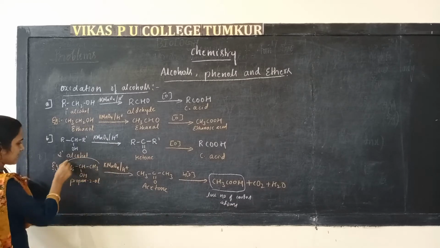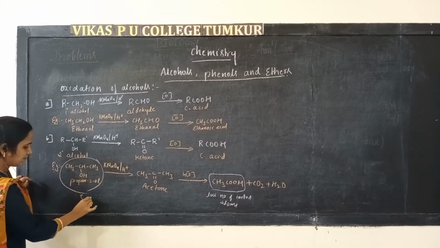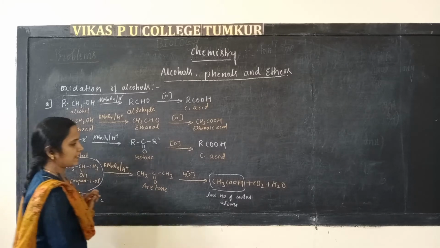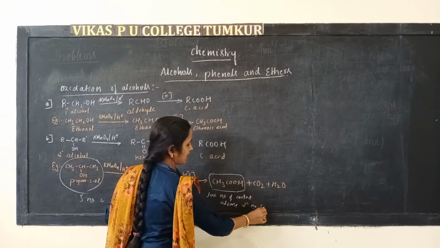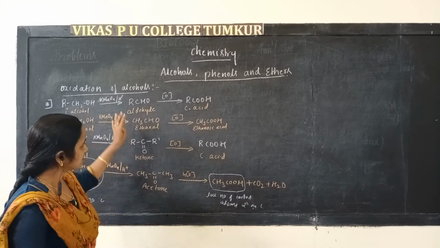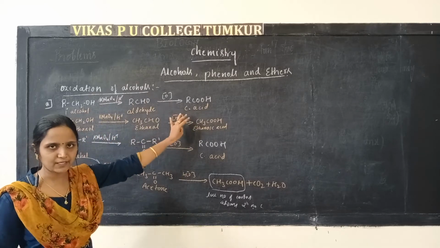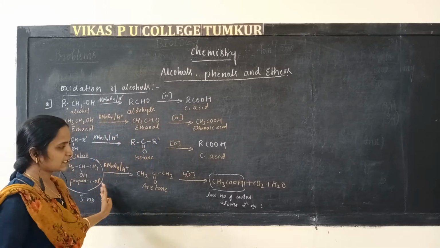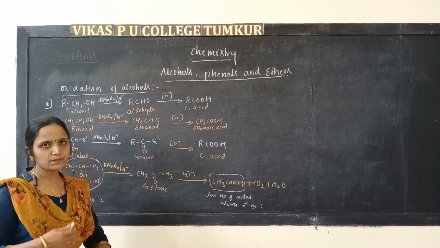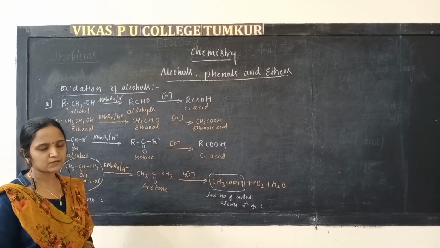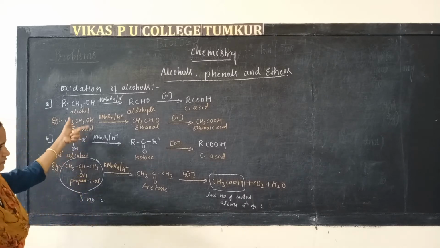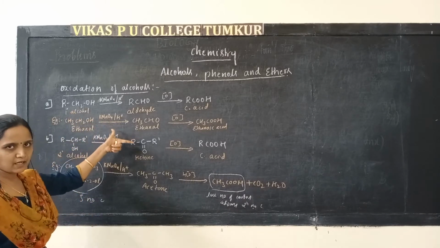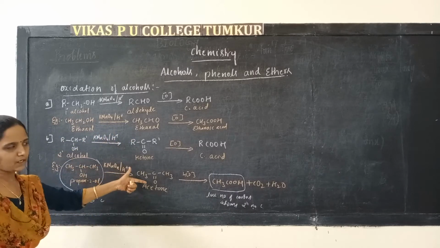In the previous case it contains the same number of carbon atoms, but in this case the number of carbon atoms is reduced. From this we can differentiate the primary alcohol from the secondary alcohol.